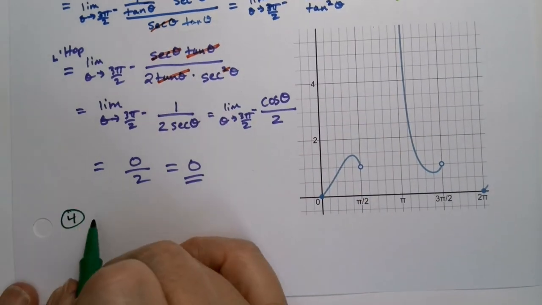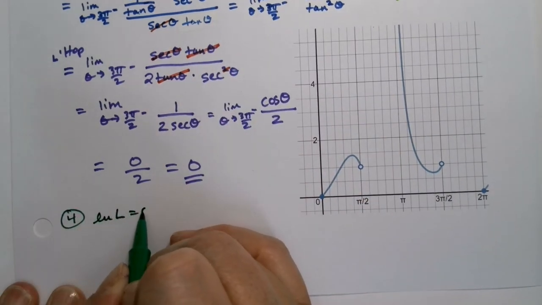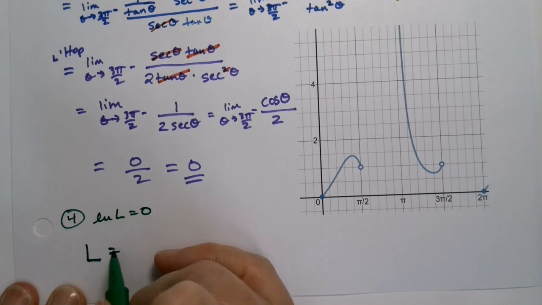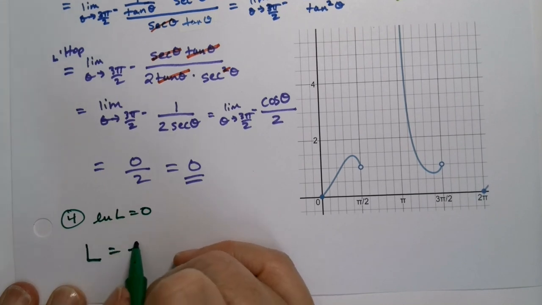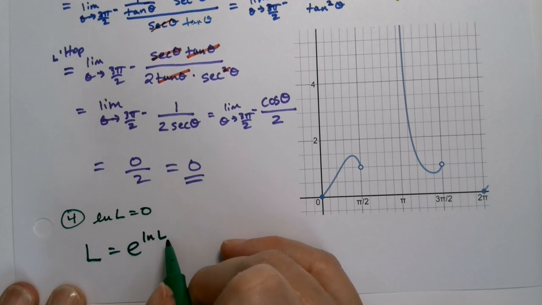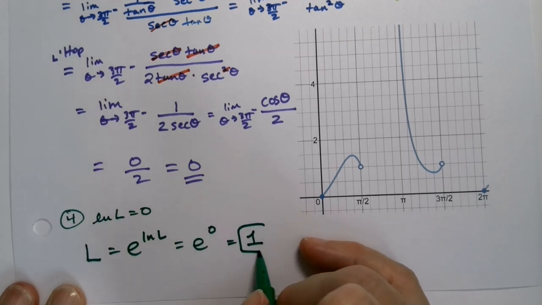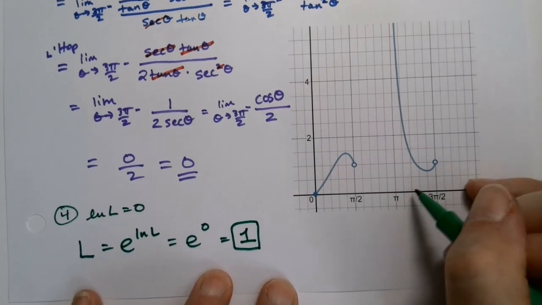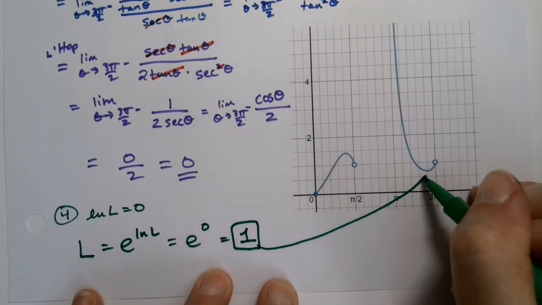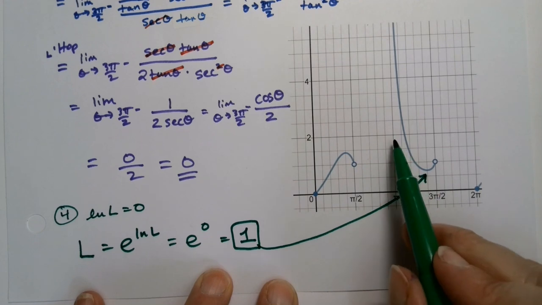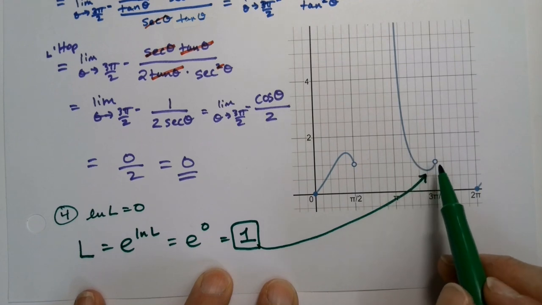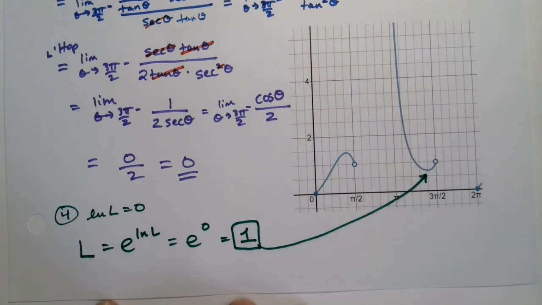Step 4, the natural log of L is 0. So L is e to the natural log of L, which is e to the 0, which is 1. And you can see it right here. The graph, as you approach 3 pi over 2 from below, is going to 1. Right there.